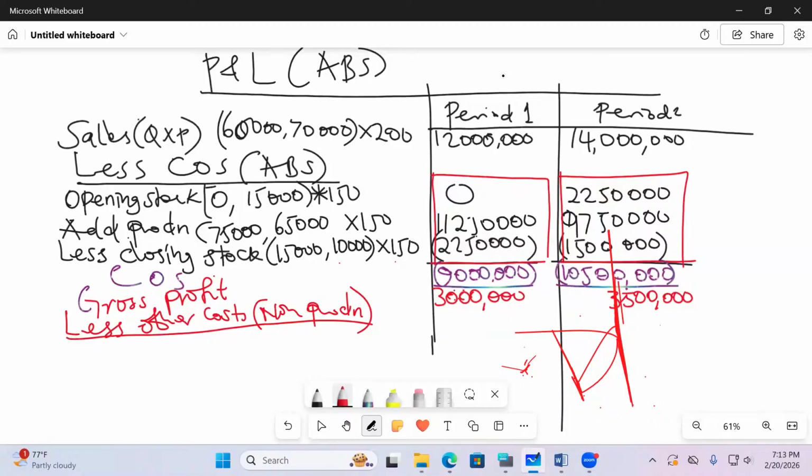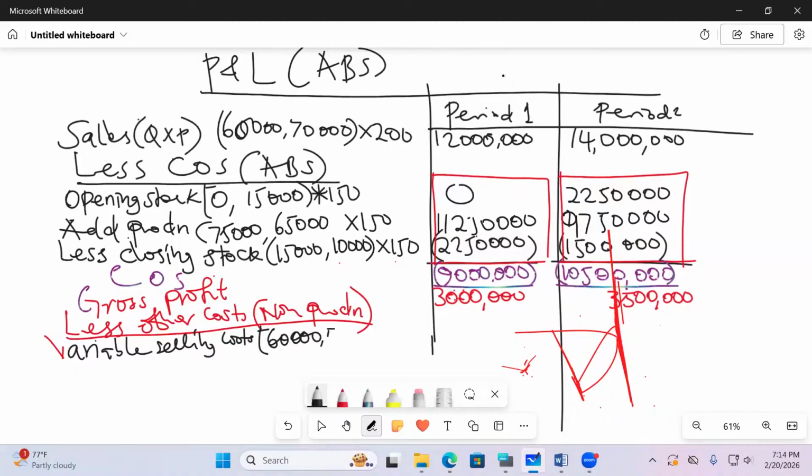So were you able to identify those non-production costs? Which ones are those? We have variable selling costs. Remember, which quantities are we going to use here? The sold units, isn't it? Do we know the number of units we sold in period one? 60,000.